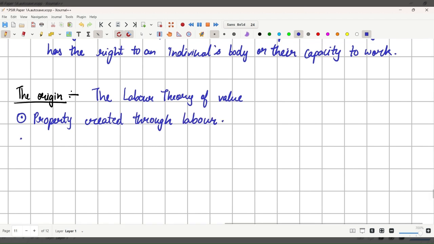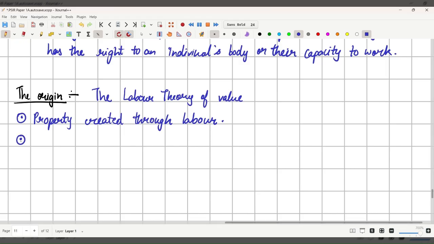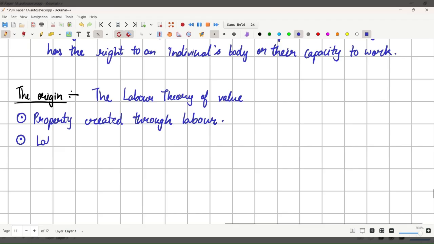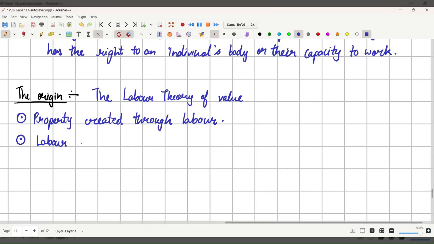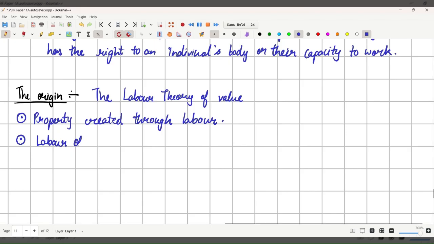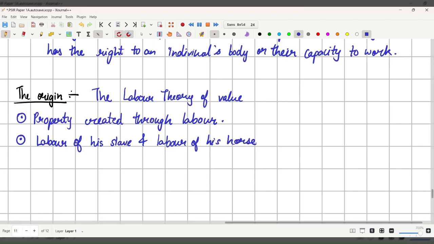Then he tells what labor basically is. A master who does his own labor as well, then the labor of his slave and the labor of his horse, these are all also included in the labor of the master.